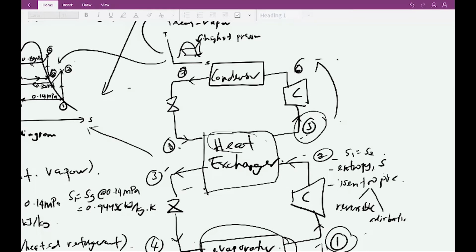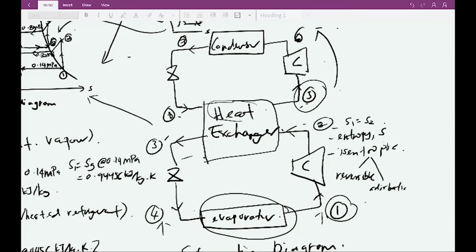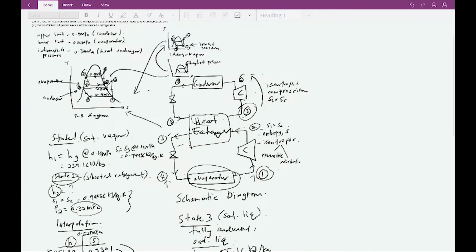What you need to know is that the compression inside the compressor is still the same between the upper and lower cycle: an isentropic compression process, because this is an ideal cycle. So what you need to write here is the entropy S5 equal to S6.